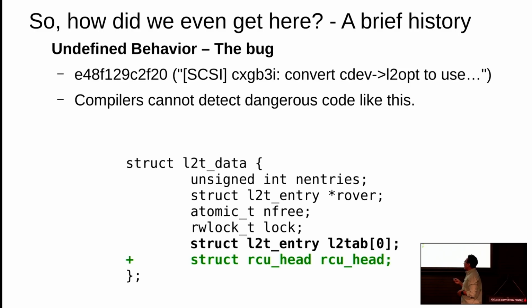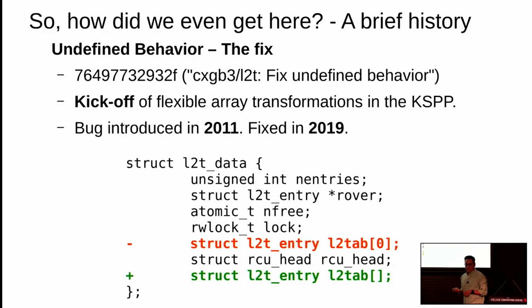The reason why the compiler couldn't detect this is because it wasn't a C99 flexible array member. If it were a C99 flexible array member, the compiler could have detected this issue, and this would be a different story. The fix for that is simple. We just transform the zero-length array into a proper C99 flexible array member, and we place it at the end of the structure.